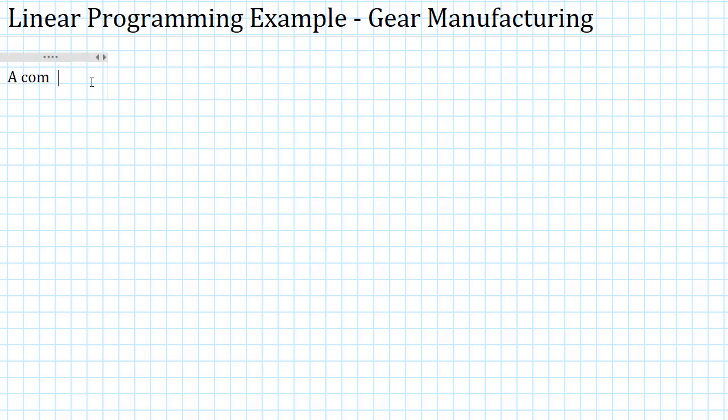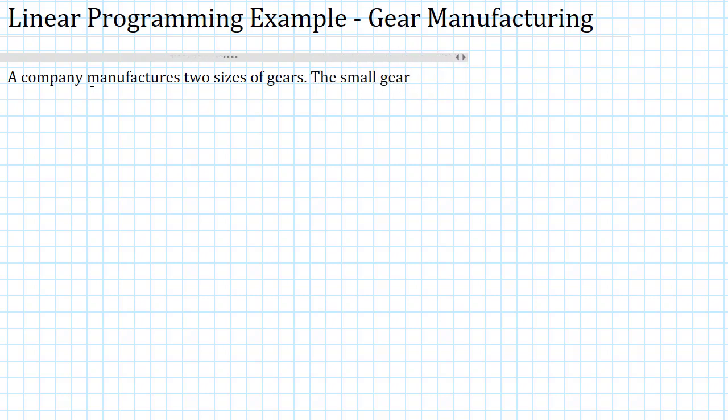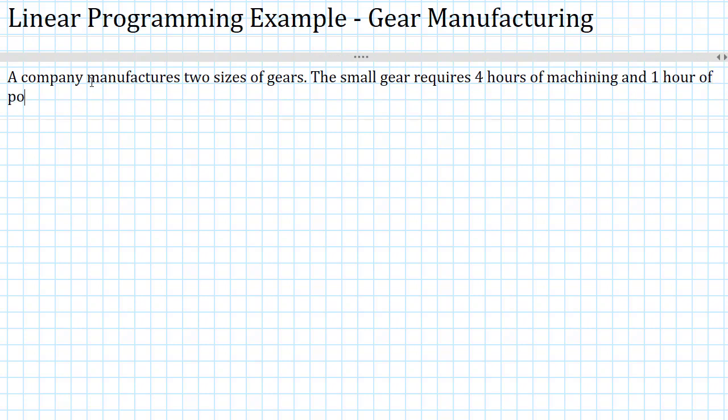So we say a company manufactures two sizes of gears. The small gear requires 4 hours of machining and 1 hour of polishing. Each small gear yields a profit of $35.